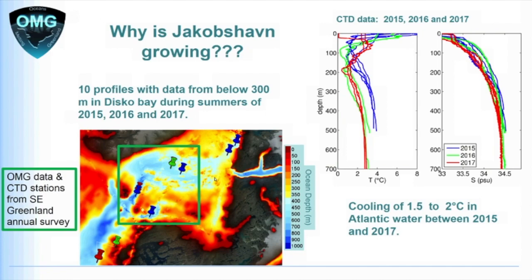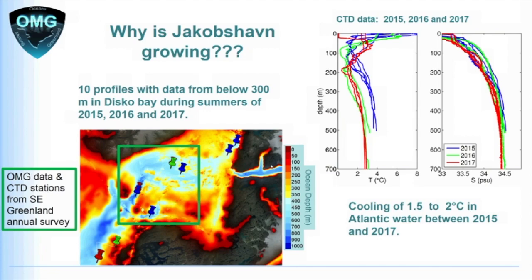So essentially what's most surprising about this work is that it appears that the ocean forcing in this case has been strong enough to overcome this long-term retreat and cause at least a couple years worth of advance of Jakobshavn Glacier.